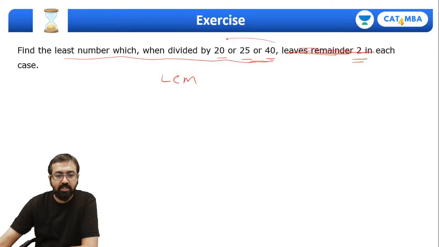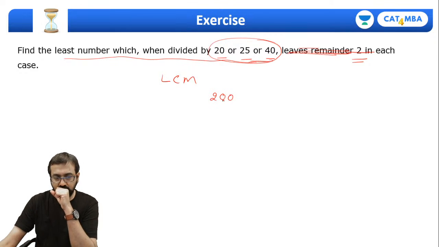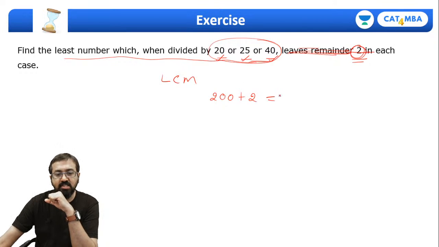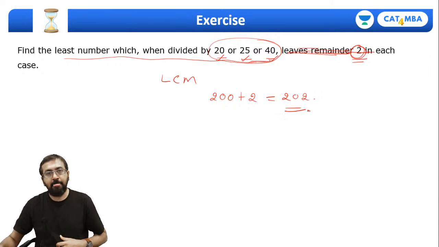So let's quickly find out the LCM of these numbers. It's very simple. I can make out it's 200. Isn't that 200 is divisible by 20, 25 as well as 40, right? But we want the remainder to be 2. So let's add that 2 over here. This is the answer. The answer is 202. As simple as that.